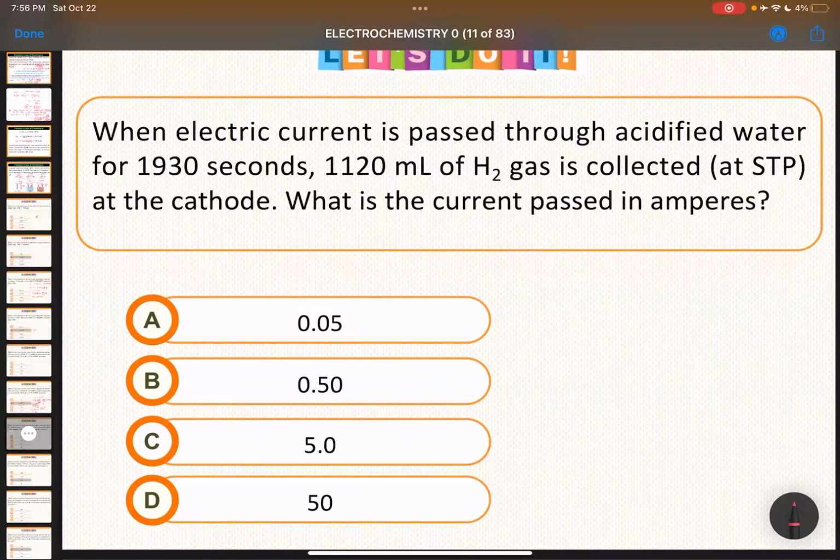What is the amount of current passed? Option A.